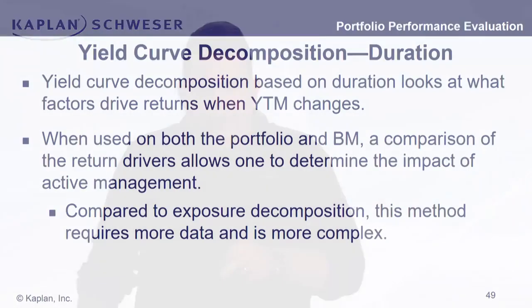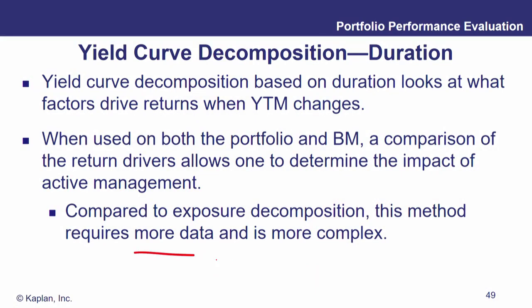This is just one of the many methods in fixed income that we can do to do this. Now, compared to the exposure decomposition, this unfortunately is more complex and it requires more data. So again, we're limited to which models that we select, just depending on what data we have available.